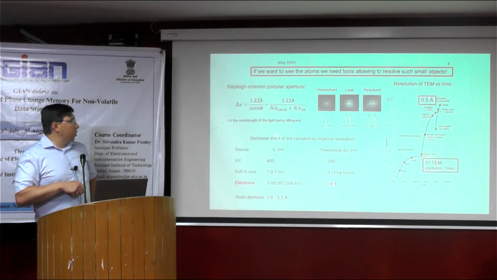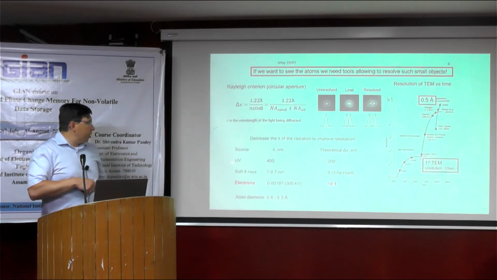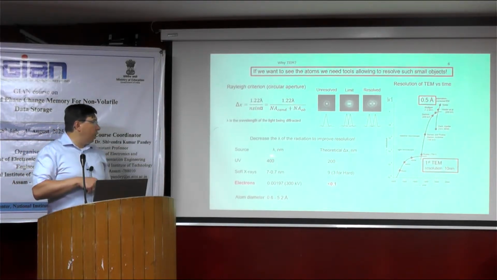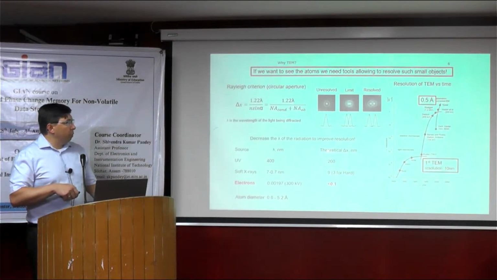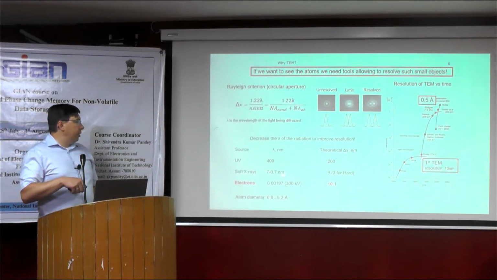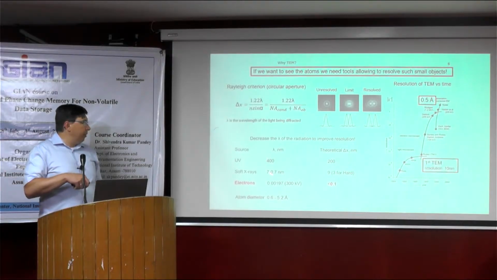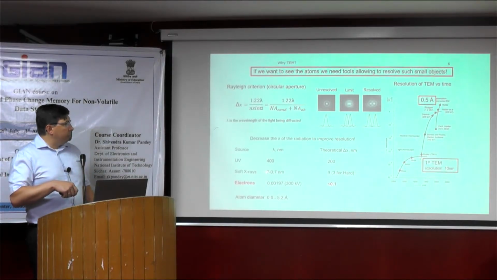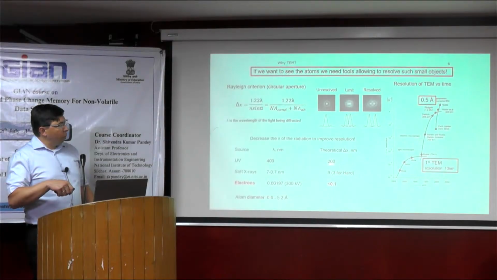So let's look at the sources. If we use a UV source, it has a wavelength of about 400 nanometers, so theoretically we can resolve objects of about 200 nanometers. If we use soft or hard X-rays, the wavelength is from 7 down to 0.7 nanometer, and we can resolve objects of about 9 and 3 nanometers.